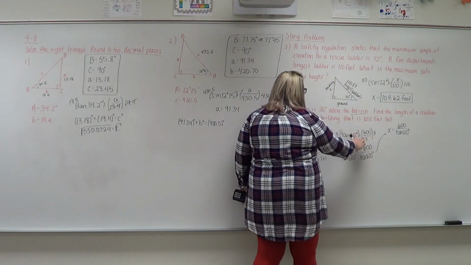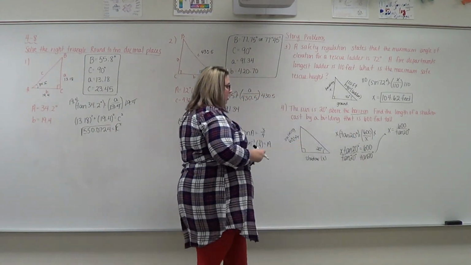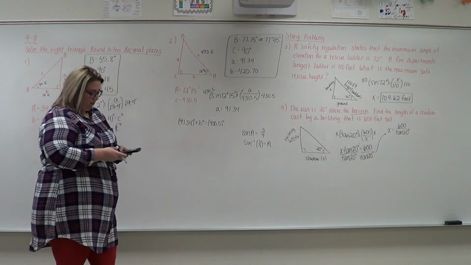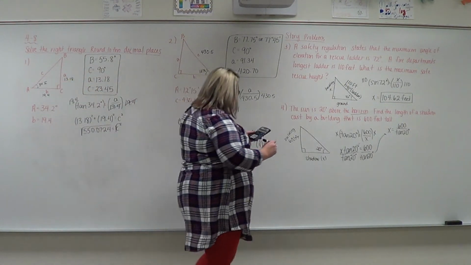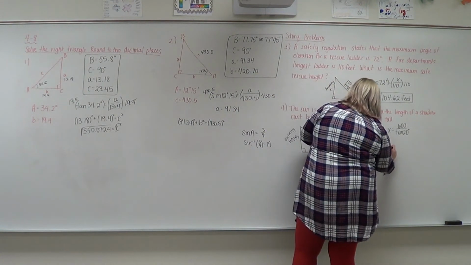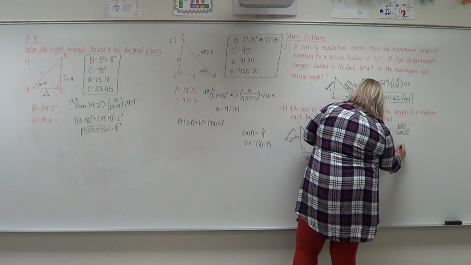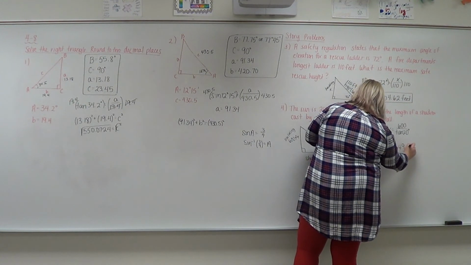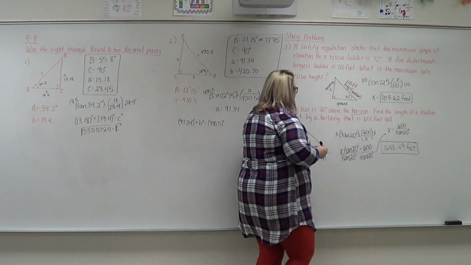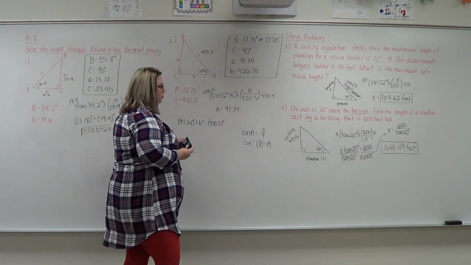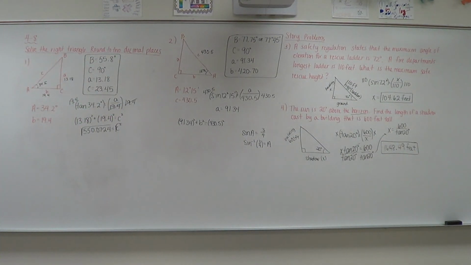You just remember if the variable's on bottom, switch it with the other side. Saves you some time. So your answer would be 1,648.49 feet. All right, that'll get you all the way through 359.